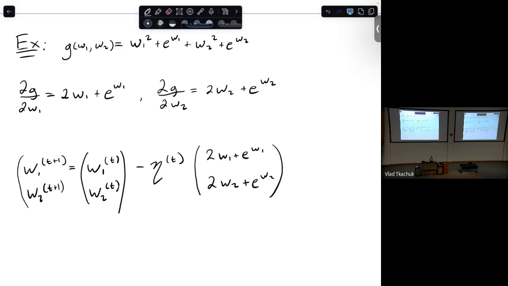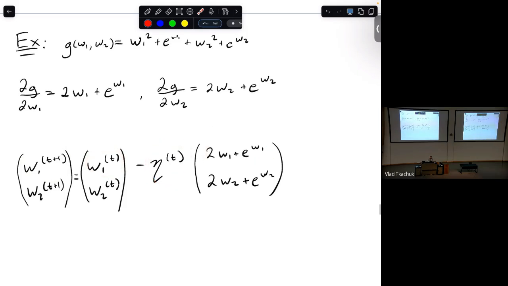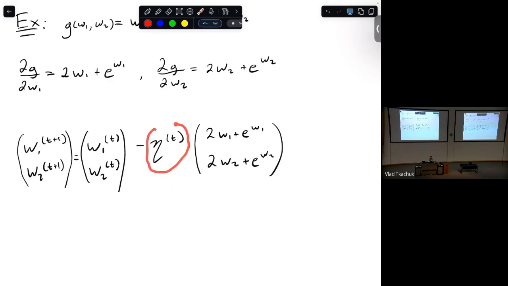So hopefully writing things like this makes it a little more clear. And notice this is all really done component-wise. So this first index gets updated as its previous guess or value minus a number multiplied by the gradient. And then you do the same thing for all the others. And you can see that, if you want to be a little more clever, you could pick this thing to be a vector as well, so that you have a different step size in each dimension.